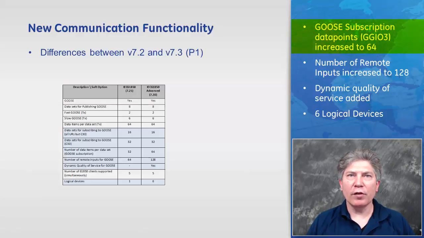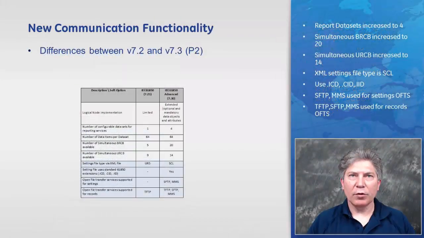The number of remote inputs changed from 64 in version 7.2 to 128 in version 7.3. A dynamic quality of service was added, and the number of logical devices increased from 1 in version 7.2 to 6 in version 7.3.